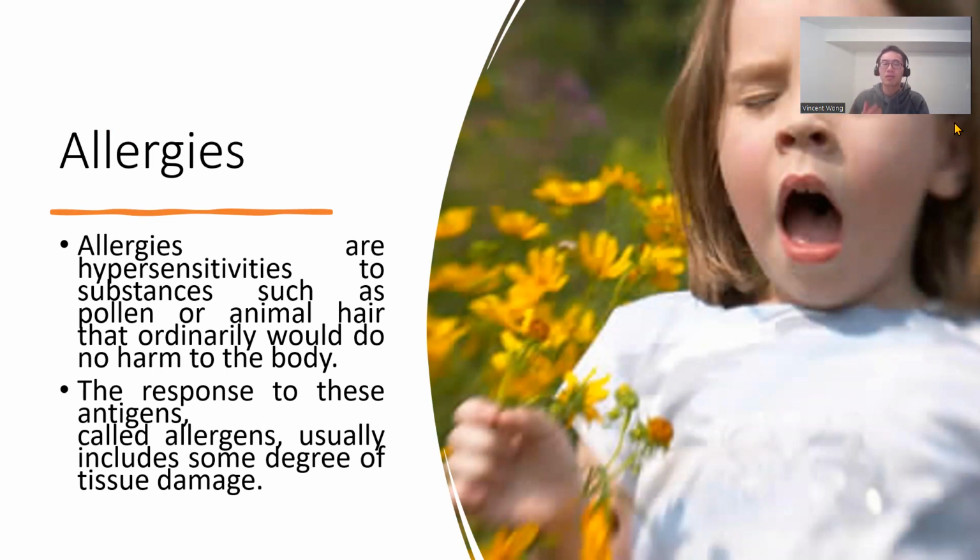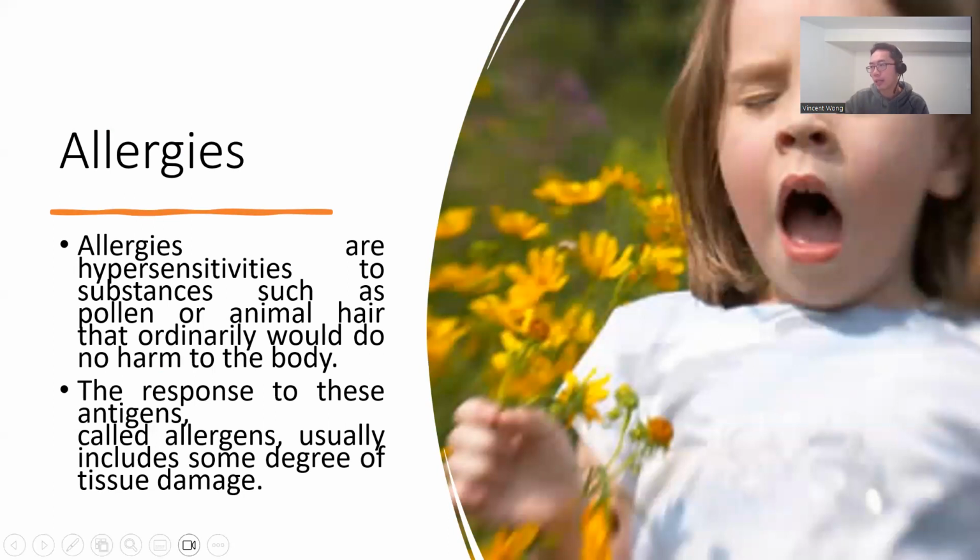These things typically are harmless for the body, but for some reason, our body overreacts to them. When we react to these things, your body releases histamines, which cause some of the annoying allergy symptoms: the runny nose, the watery eyes, the itchiness, right? All these things, in part, have to do with histamine.